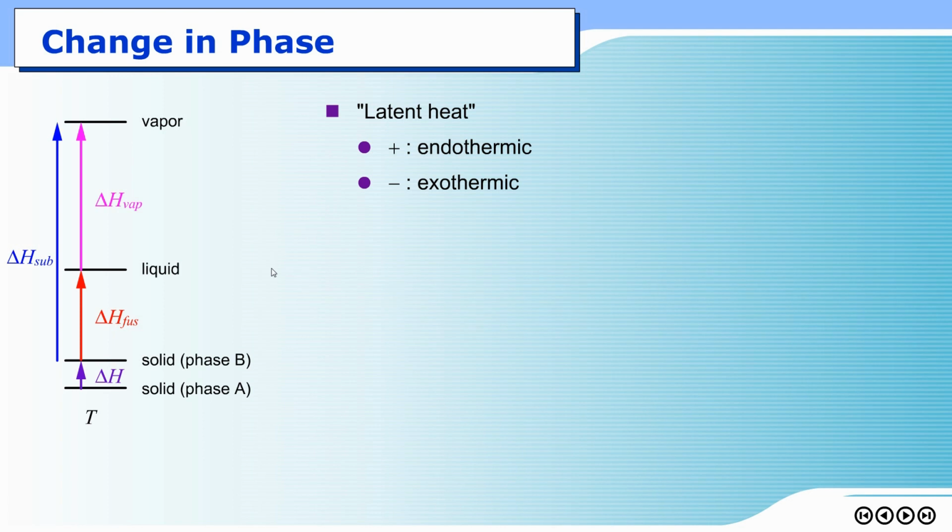So if energy enters the system, after the energy transfer within the system, the energy level will be higher. Just like this, when you have liquid water, if you increase the energy of liquid water, water changes phase into vapor.